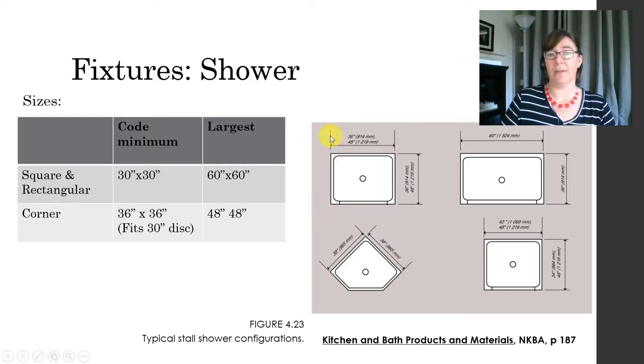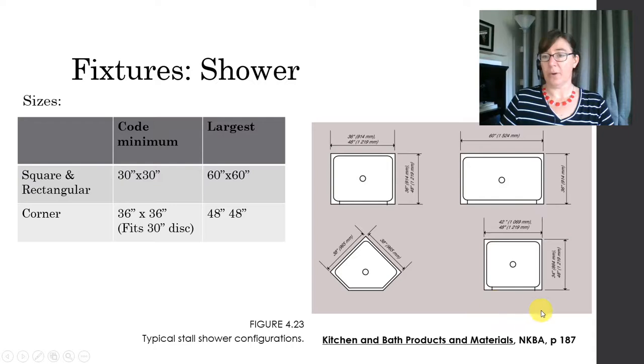One is a rectangle where one side is 48 inches and the other side is 36 inches. So 4 feet by 3 feet, a fairly common size. Here's one where it is 60 inches, a full 5 feet, also the same size as a common bathtub, by 36 inches wide.